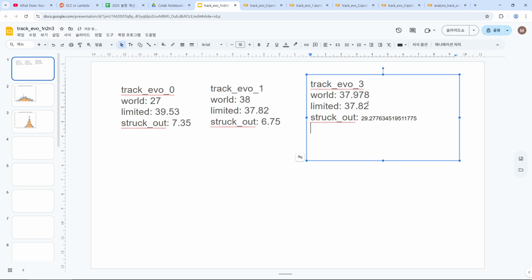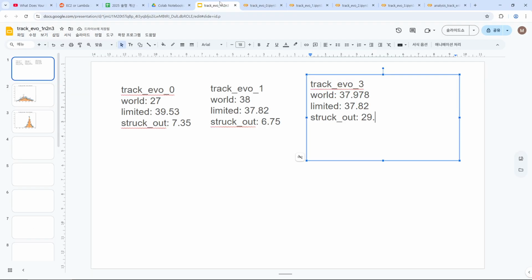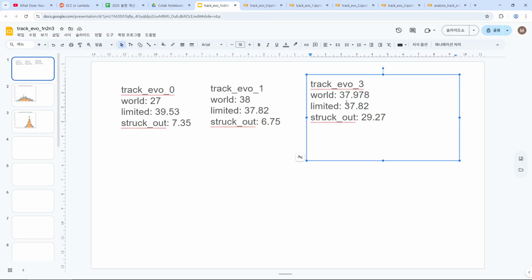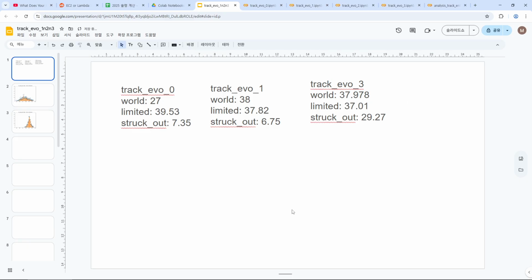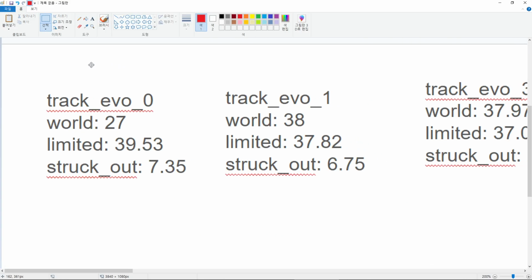And for the limited, it is 37.01. So a huge increase there.